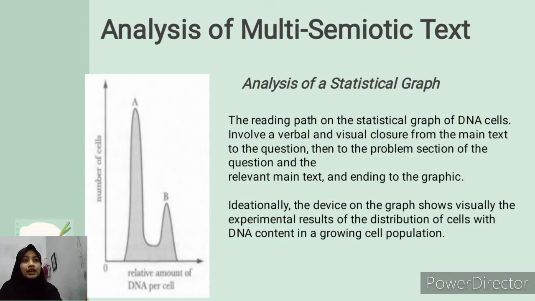Additionally, the graph shows visually the experimental results of the distribution of cells with DNA contained in a growing cell population. The X value is the DNA contained per cell. The Y value is the number of cells with a specific DNA content.